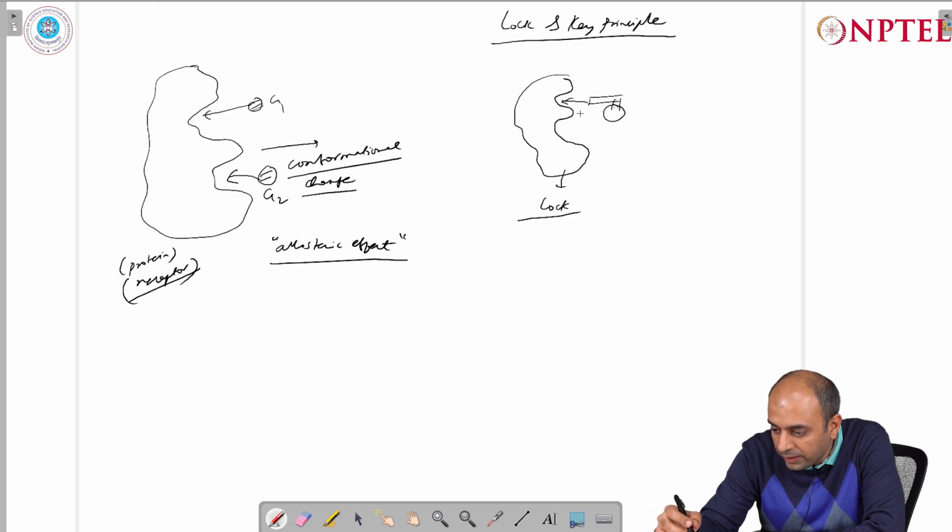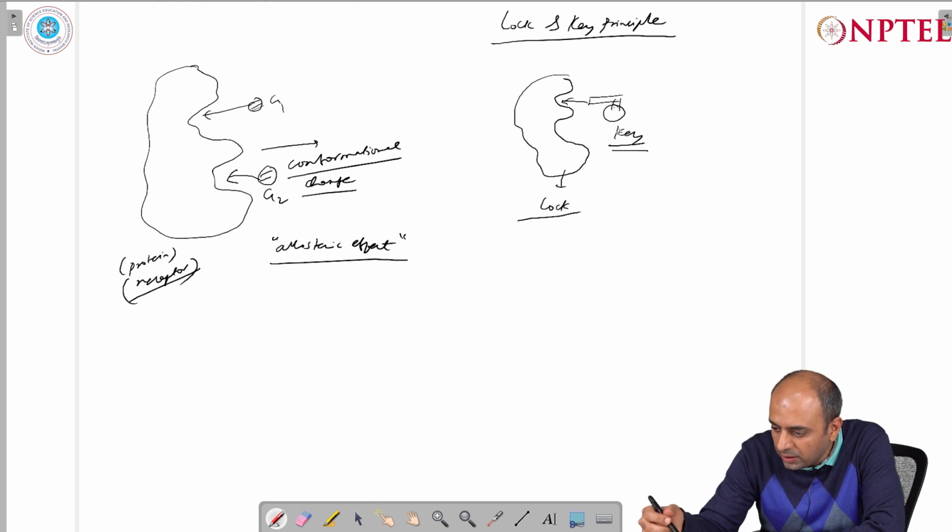That means there are areas in the protein which are having voids or spaces into which this key can go and fit. There are only very specific sites into which the key molecule can go and fit itself into the lock, which is reminiscent of the protein molecule.